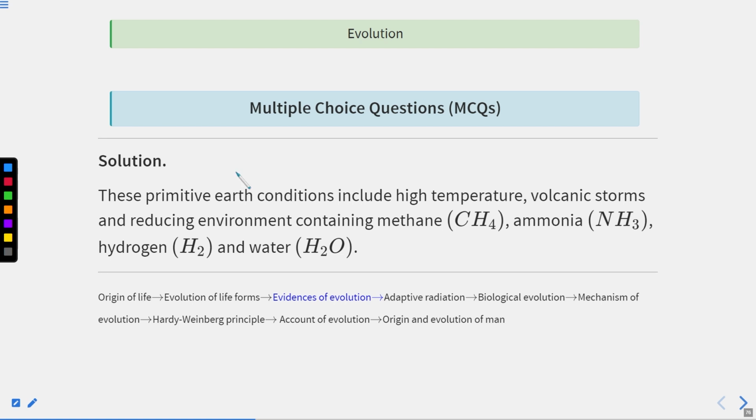These primitive earth conditions include high temperature, volcanic storms and a reducing environment containing methane, ammonia, hydrogen and water. So you can see no oxygen was present at that time. Oxygen later evolved, or the concentration of oxygen increased after photosynthesis started happening.